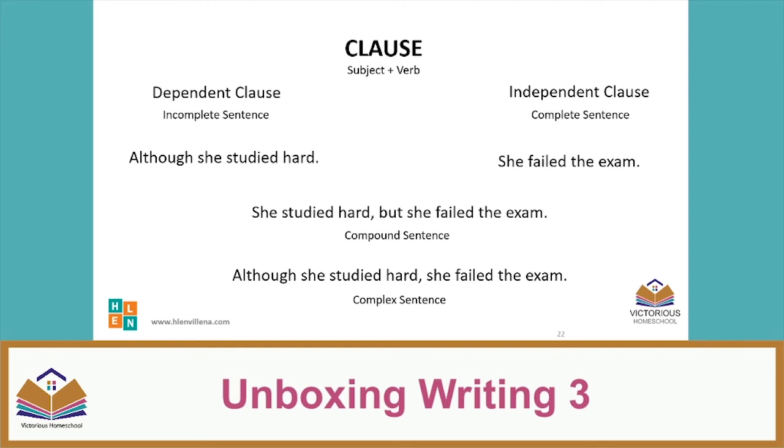Comparing it to a compound sentence, you have two complete sentences there that are joined together. So therefore your formula is independent clause plus comma and conjunction plus independent clause results in a compound sentence. Okay?